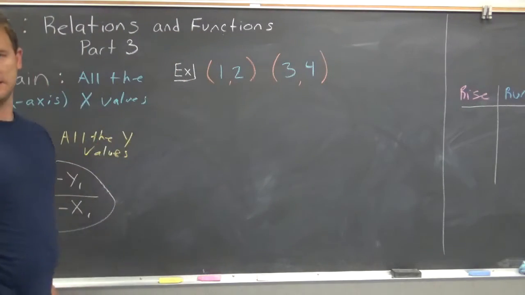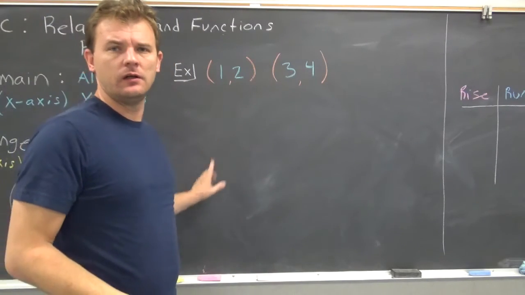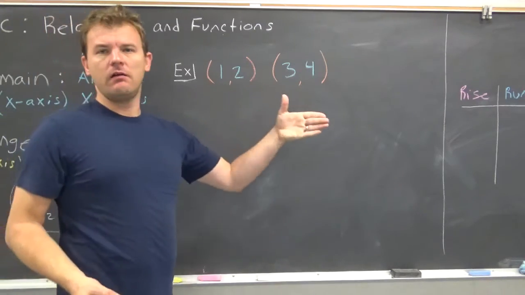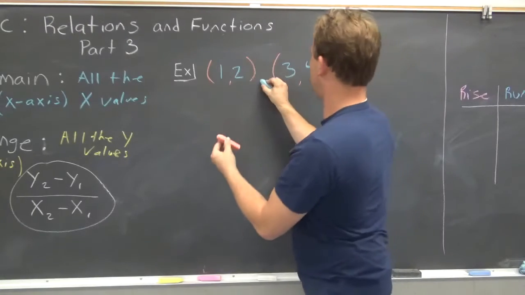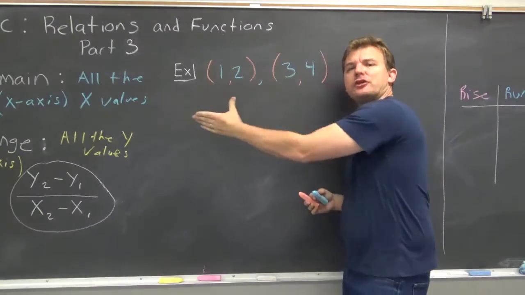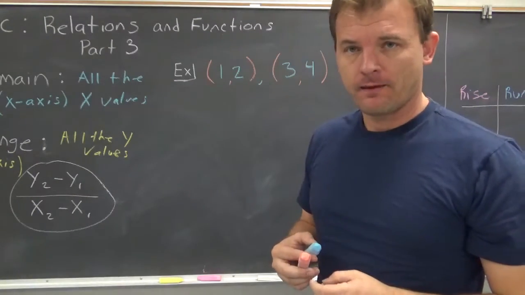So these are 2 points. I want to use our equation to find the rate of change between these 2 points, point 1 and point 2. I want to see the change between those 2 points.